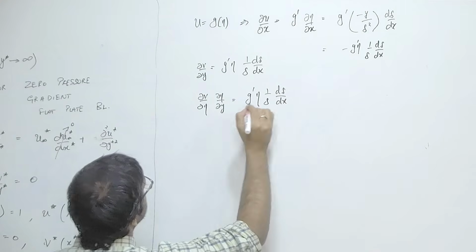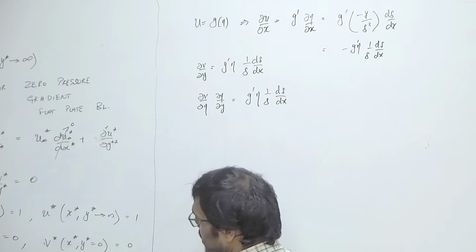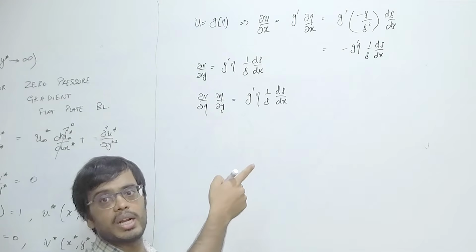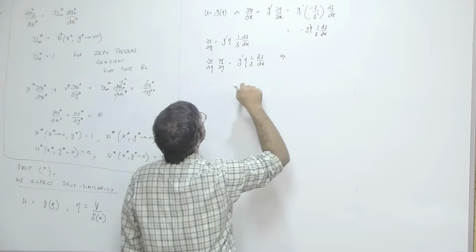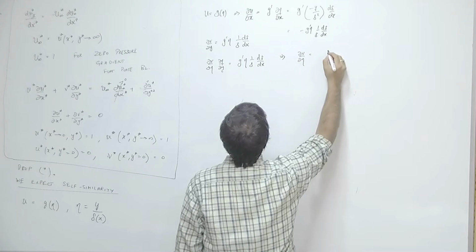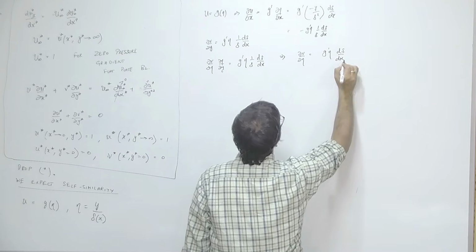This makes the integration easier. Eta is y by delta of x, so del eta by del y is 1 by delta of x. Taking 1 by delta to the other side, del v over del eta is simply g prime eta d delta over dx.